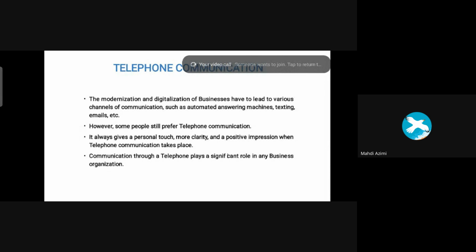Apart from that, we sometimes prefer telephonic communication because there are so many channels of communication. Channels of communication means either in writing form or in a meeting form.